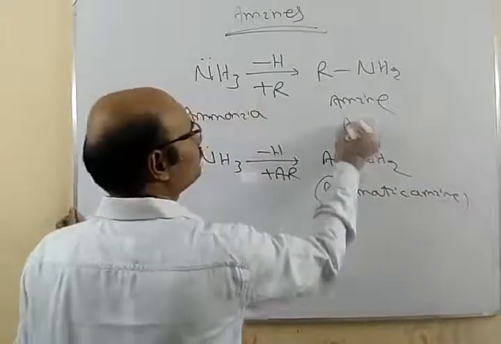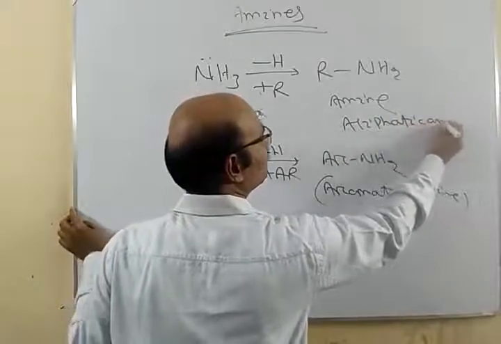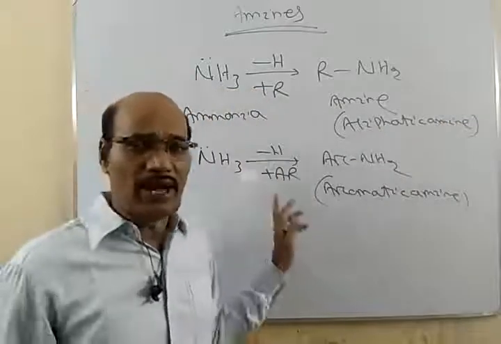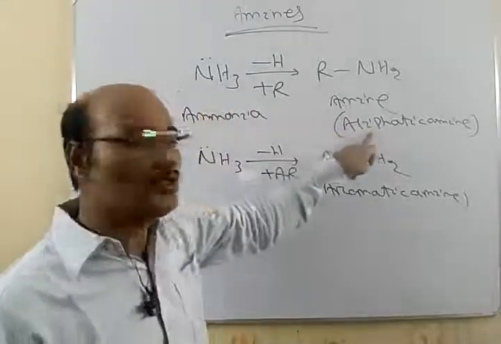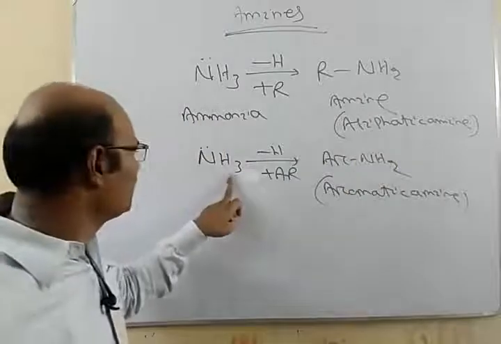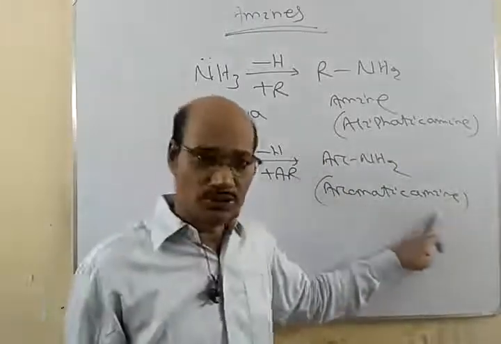This is an aliphatic amine. When the hydrogen of ammonia is replaced by an alkyl group, we get aliphatic amines, and when it is replaced by an aryl group, we get aromatic amines.